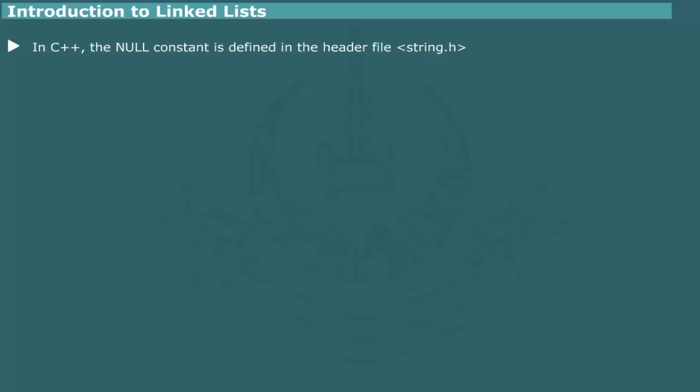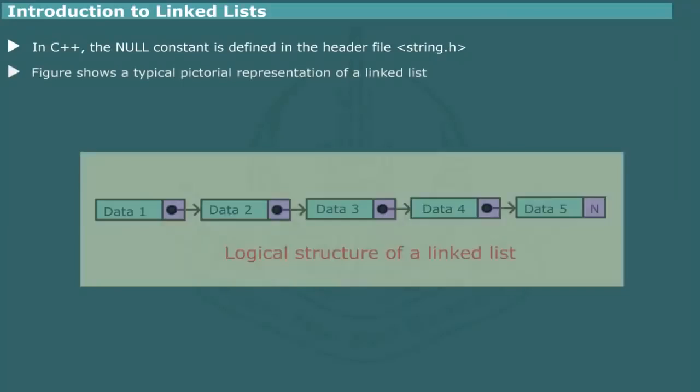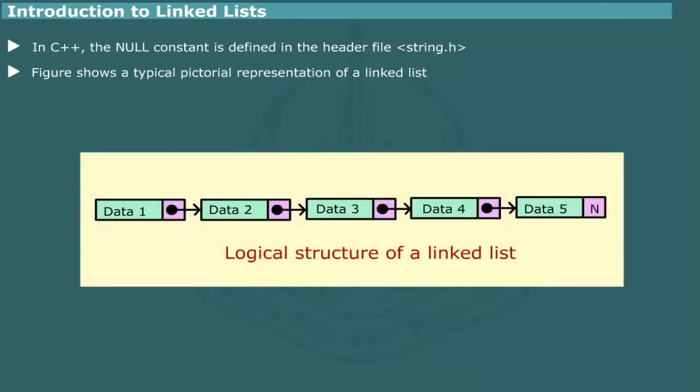In pictorial representation of a linked list, a cross might be used to mark the end of the list. In diagrammatical representation, the logical structure of a linked list is shown using a forward-pointing arrow to link together a pair of nodes. Figure shows a typical pictorial of linked list consisting of 5 elements.